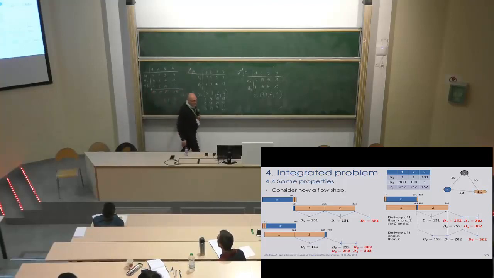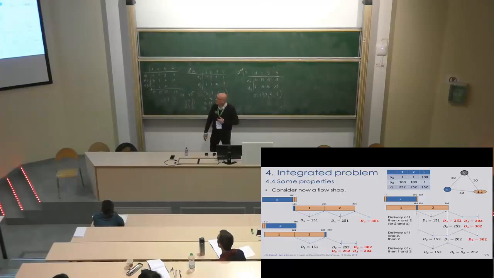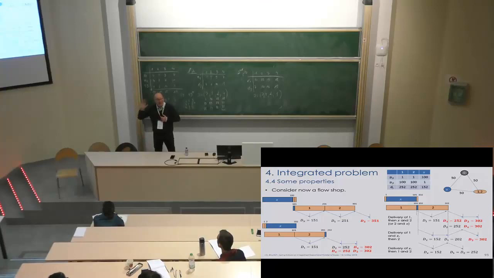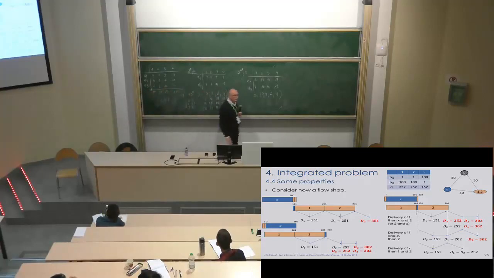In fact, for this specific instance, the optimal solution is first to deliver X. It means I leave job 1, I make the delivery of job X, and then, when the vehicle is back, I make the delivery of jobs 1 and 2. And then all the jobs are on time. It's the only possible optimal solution.